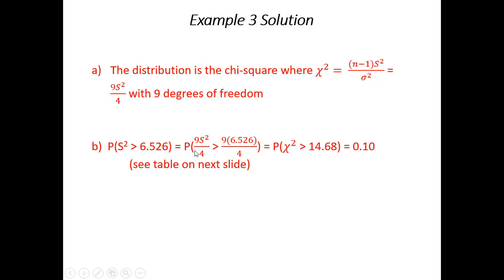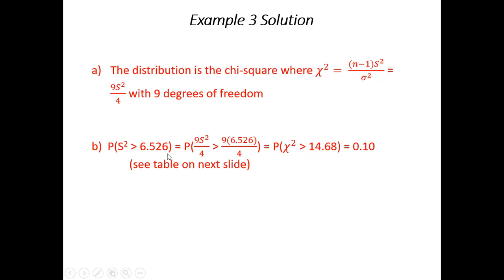So we get the probability 9s squared over 4 is greater than 9 times 6.526 over 4. Okay, but we know over here this is chi-squared. Right, this simplifies to chi-squared. And then on the right, when we work this out, this simplifies to 14.68.